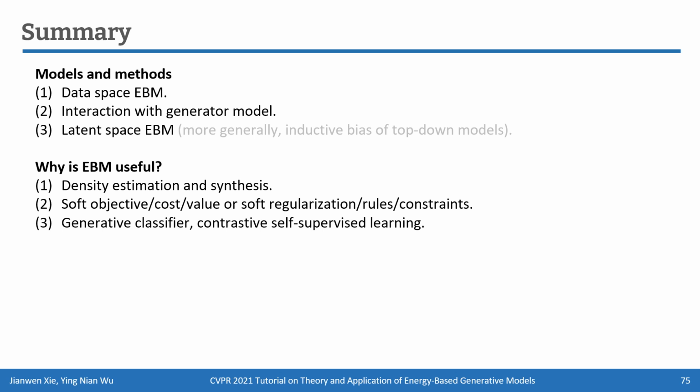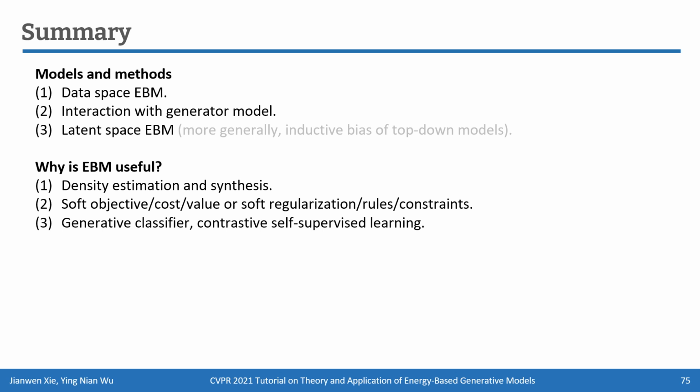And finally, why is the energy-based model useful? Hopefully, from this tutorial, you get some basic ideas why they are useful. But just to summarize, first, it can be a very good density estimator, and also it can be a very strong synthesizer.